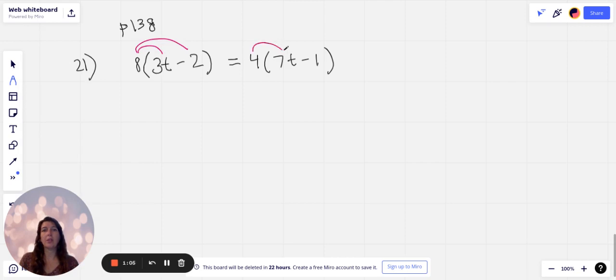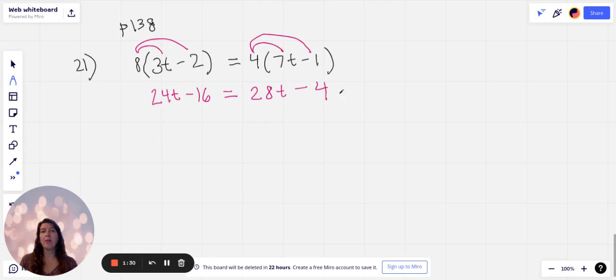And then I'm going to distribute my 4 on this side. Okay, so when I distribute, my 8 times 3 is 24t. 8 times 2 is 16. So I'm going to keep that negative sign, 16. Now I'm going to distribute my 4. 4 times 7 is 28t. Minus 4 times 1 is 4.